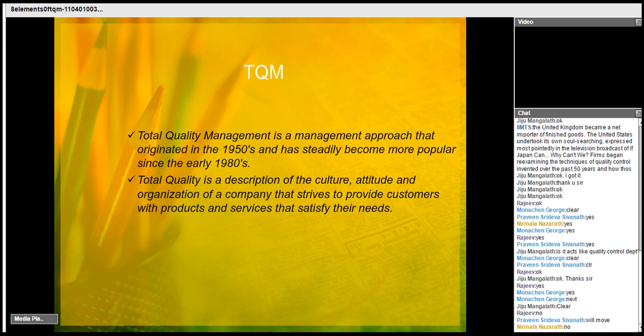In ensuring the success of total quality, 8 elements. So total quality management is a management approach that originated in the 1950s and has steadily become more popular since the early 1980s. Total quality is a description of the culture, attitude and organization of a company that strives to provide customers with products and services that satisfy their needs.